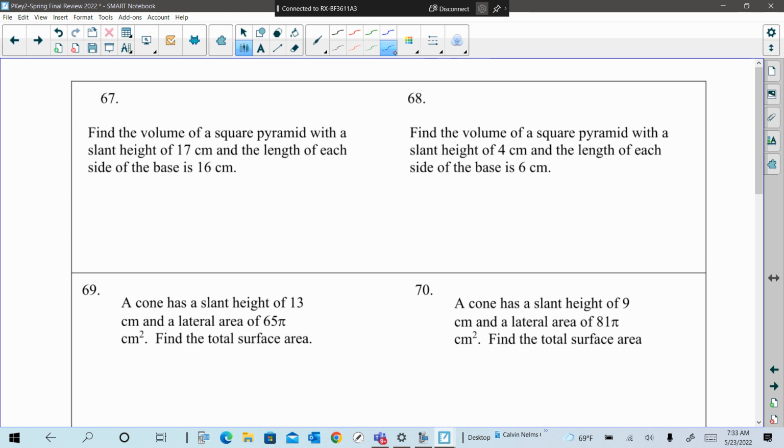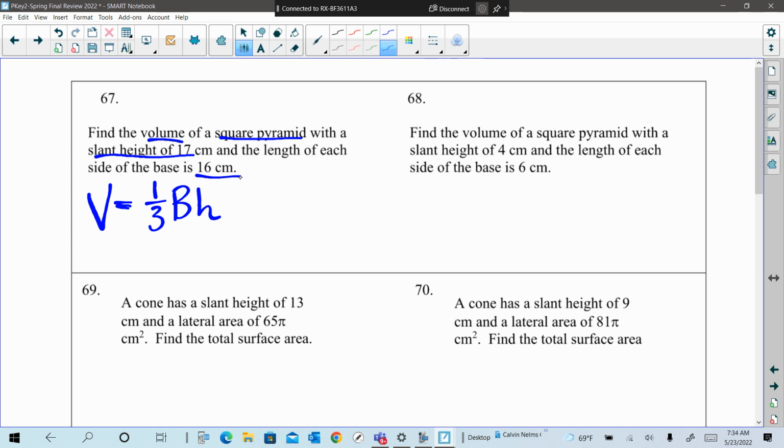So starting with 67, they want the volume of a square pyramid. The formula for the volume of a pyramid is 1/3 capital B H. It says it has a slant height of 17, and the length of each base is 16.